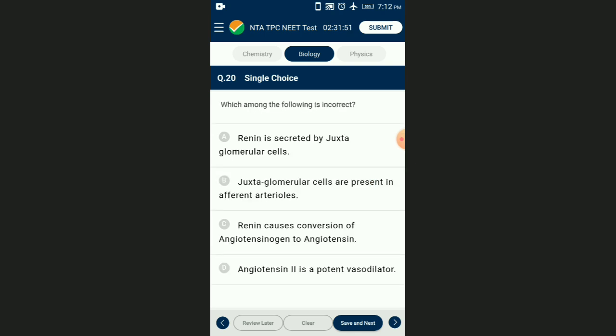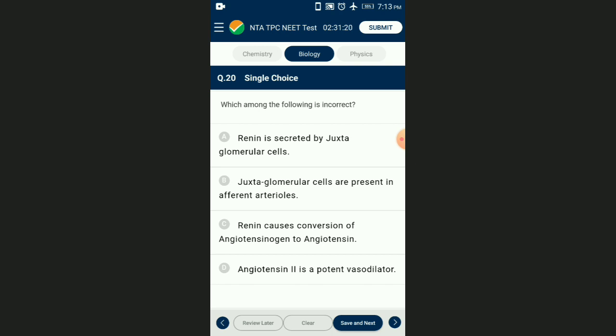Question number 20. Which among the following is incorrect? The juxtaglomerular apparatus plays a complicated regulatory role. A fall in glomerular blood pressure, that is GFR, can set off the juxtaglomerular cells to secrete renin, leading to the conversion of angiotensinogen in the blood to angiotensin 1 and further to angiotensin 2.